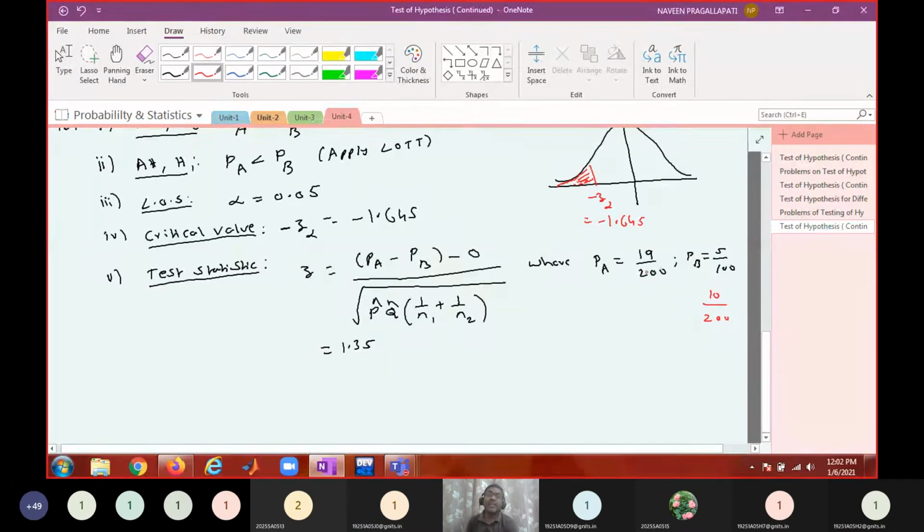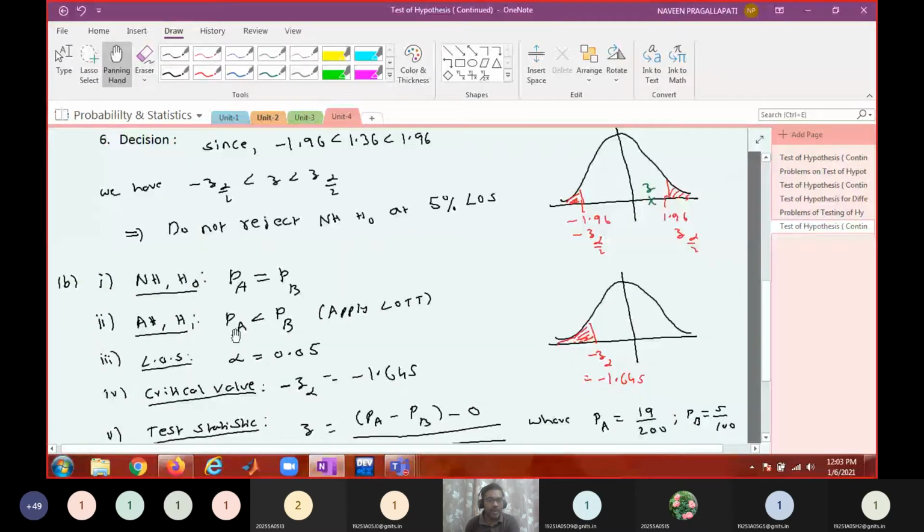It is about defectives. PB value is less. Right. See, the question is about superiority, right? Which product is superior? Please understand the question again. It is superior when it is having less number of defective items, right? PA proportion is about a higher number of defective items.